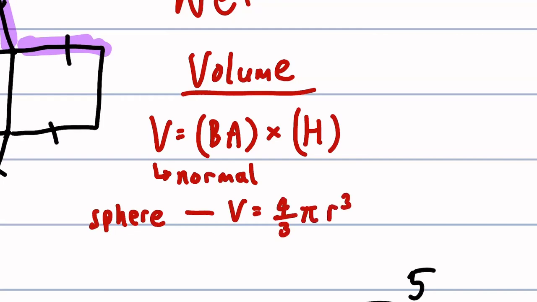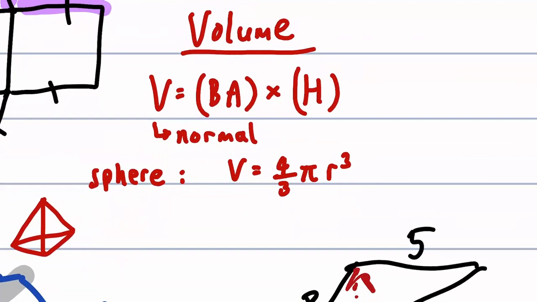What else is not normal? Pyramid. Pyramid is not normal. So sphere is just a ball, I guess. For pyramid, you have to think of it generally as any kind of base.